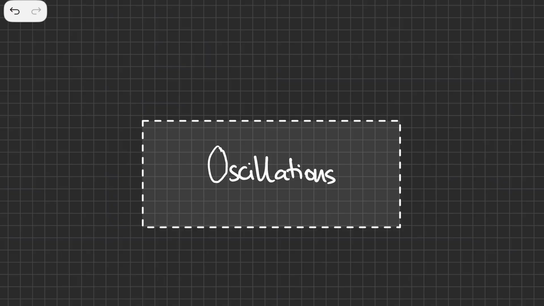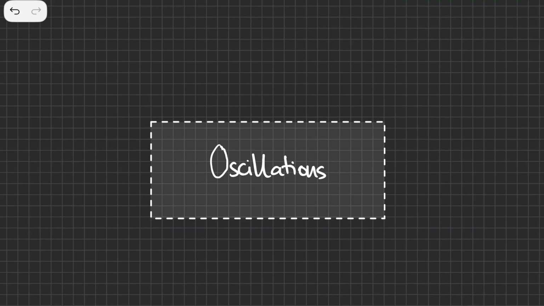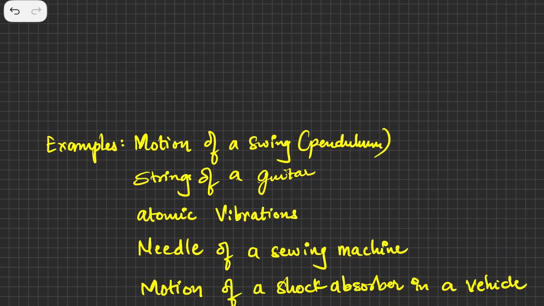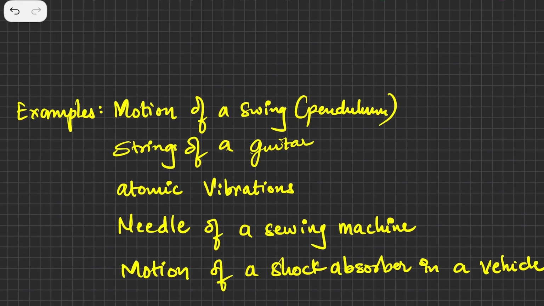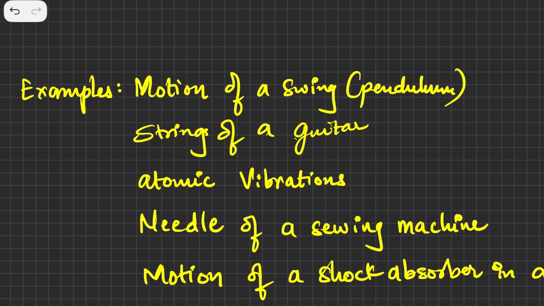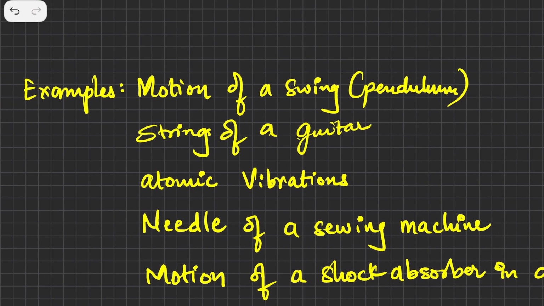Before we start with oscillations, we need to understand certain terms and terminologies. But before going to oscillation, we also need to understand the real life examples where we see oscillation in daily life. As you can see on the screen, the motion of a swing is a kind of pendulum.